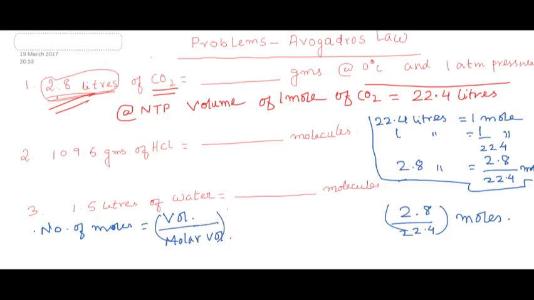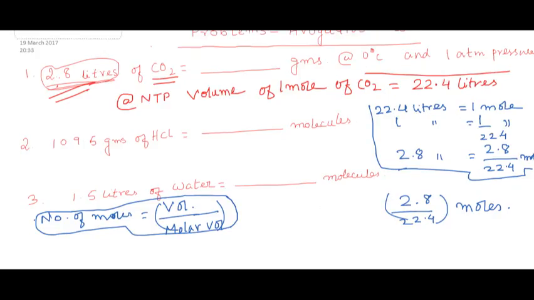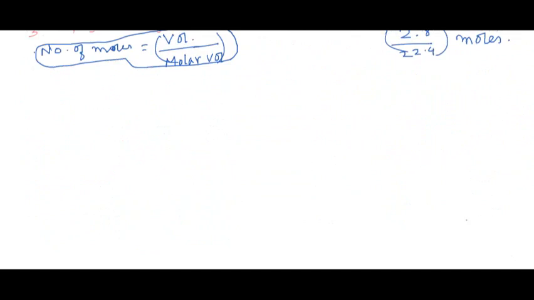But if you do not want to remember this formula, which I also don't like to remember as my memory is not that sharp, what I do is I do it in a unitary method, and by doing time and time again, ultimately you will automatically remember this formula that is given at the bottom left hand corner. So now I have got the number of moles.